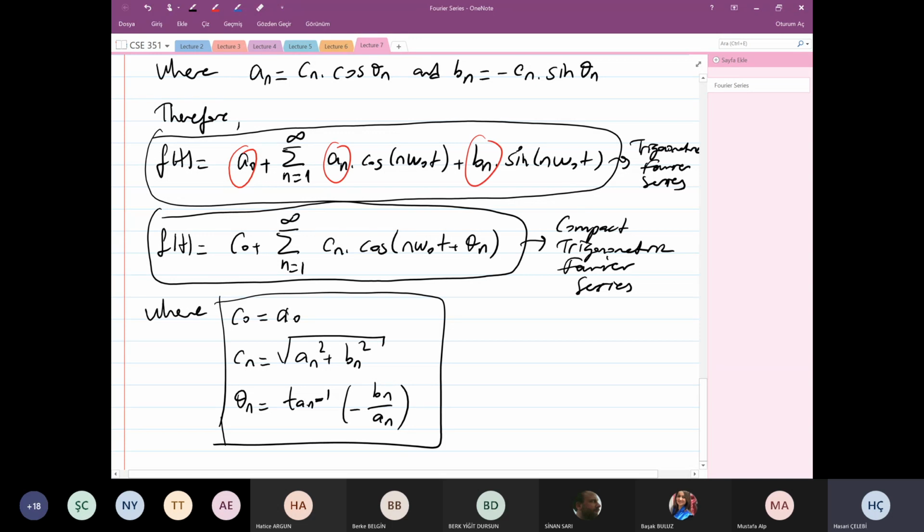Of course, omega 0 is important too. So we need to find those. So the question is, how do we find these coefficients and the fundamental frequency, omega 0?